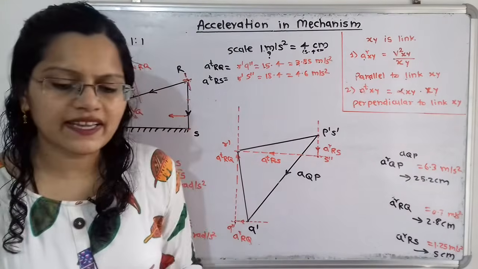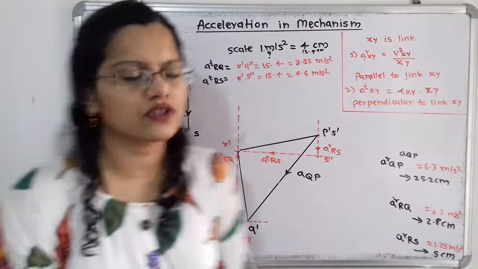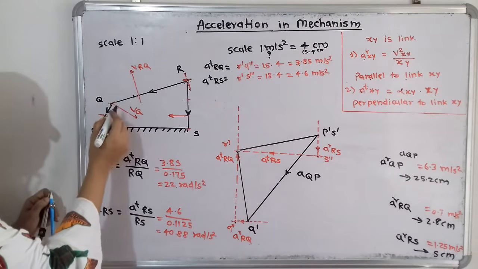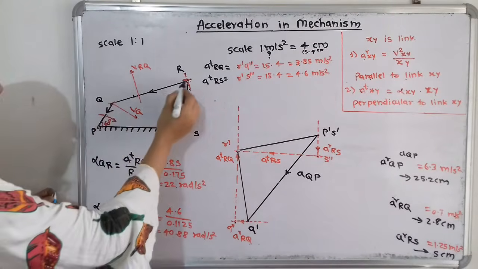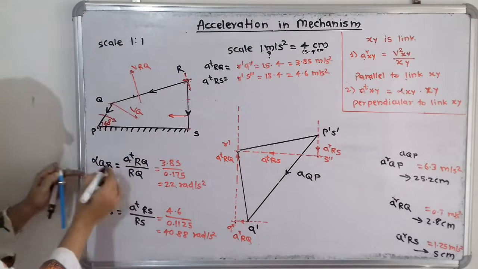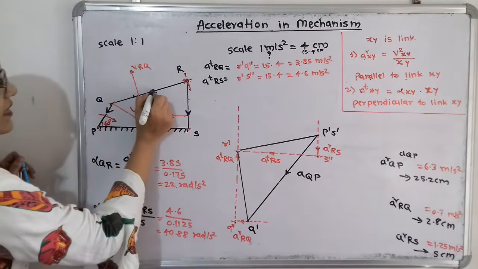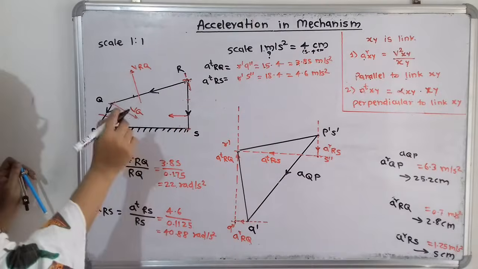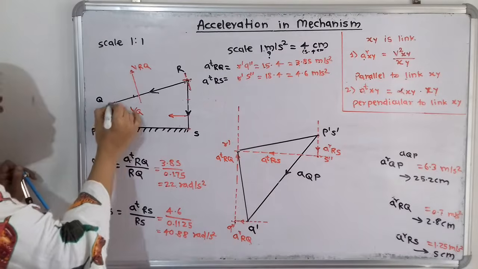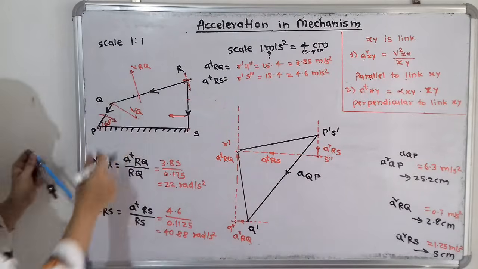Now the main important thing is how to decide its direction, because we have to write the direction also. Here alpha QR is the alpha of Q about the center R. If we observe, the radial component is in the downward direction, from point R towards Q, so we take R as the center, and the tangential component is in the upward direction.